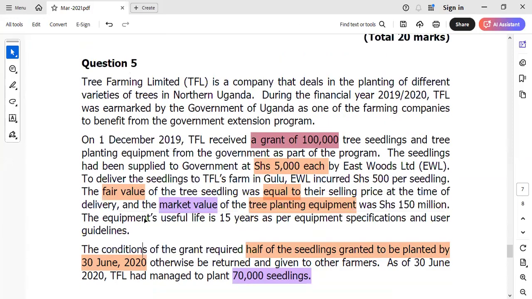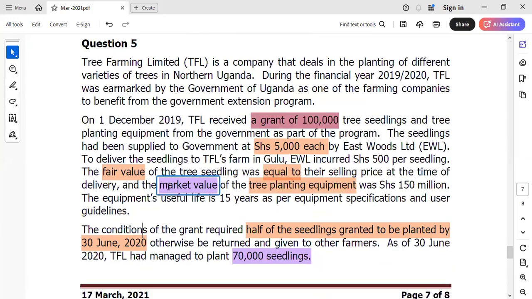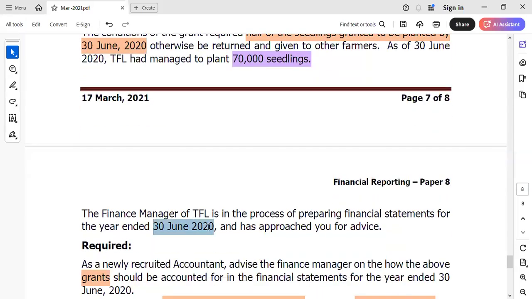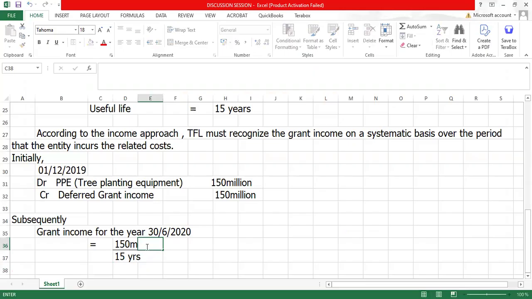So you count the number of months from 1st December to 30th June. How many months are those? Here it looks like these are 7 months. So it will be 7 out of 12. December, January up to June. Those are 7 months.